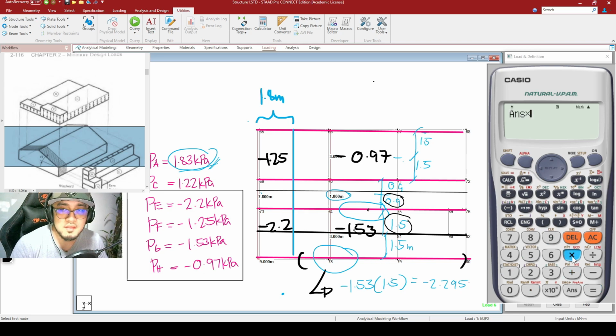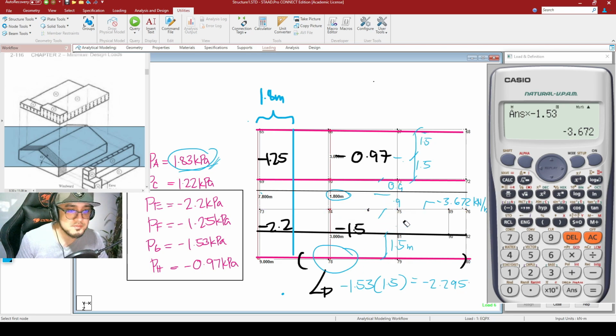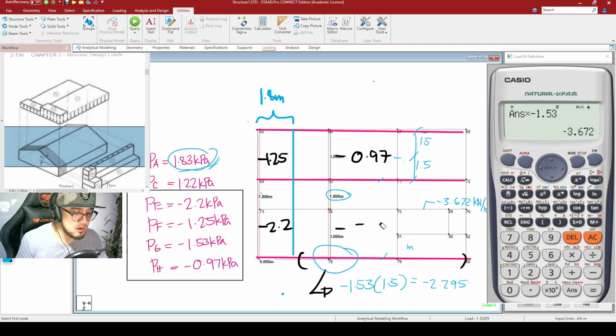We will multiply that by our pressure of negative 1.53. So our line load here is now equal to negative 3.672 kilonewtons per meter. So those are for this portion. I will just be erasing this. So there, 3.672 and 2.295.